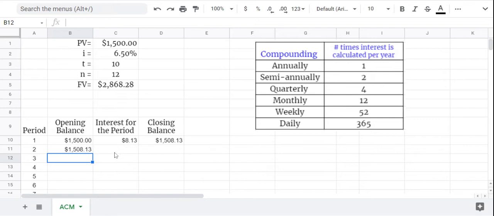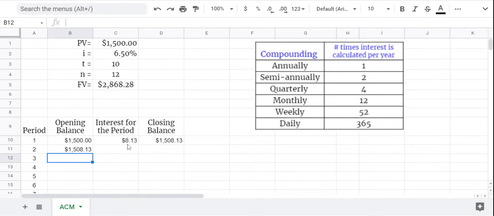The interest for the period is going to be calculated using the opening balance for period 2, which is in this case $1,508.13, multiplied by the interest for the period, which would be 6.5% divided by 12. But this 6.5 divided by 12 is the same for every period.